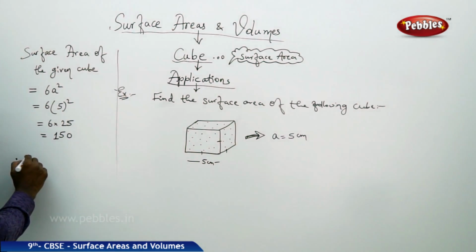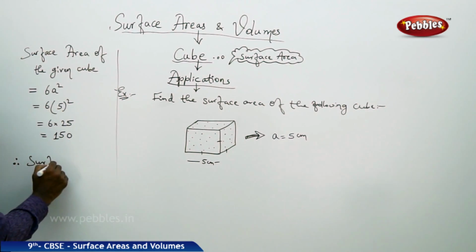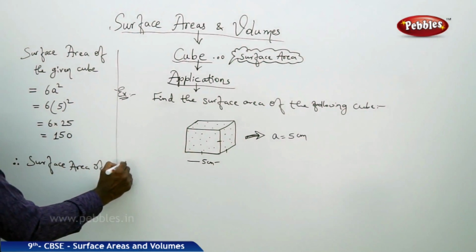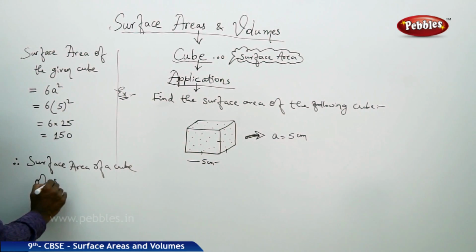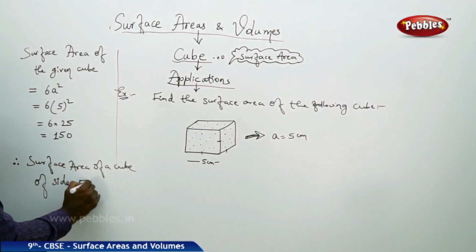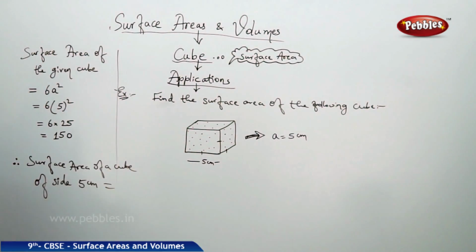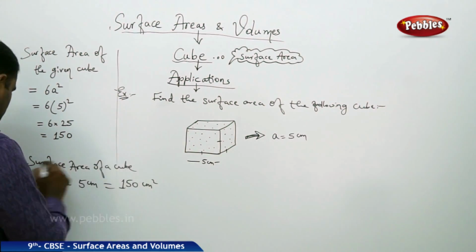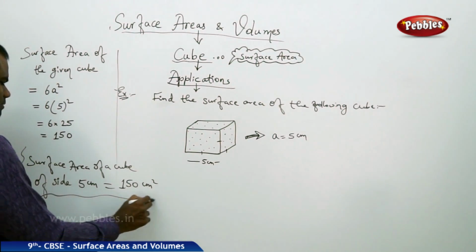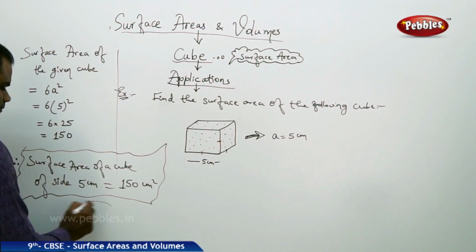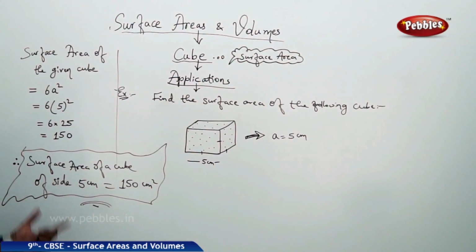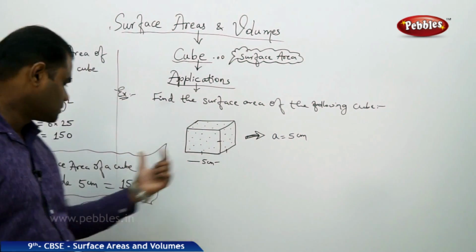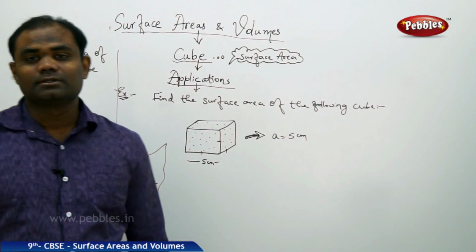Therefore, the surface area of a cube of side 5 centimeters is given to be 150 centimeters square. That is how we understand the surface area of a cube of side 5 centimeters is 150 centimeter square.